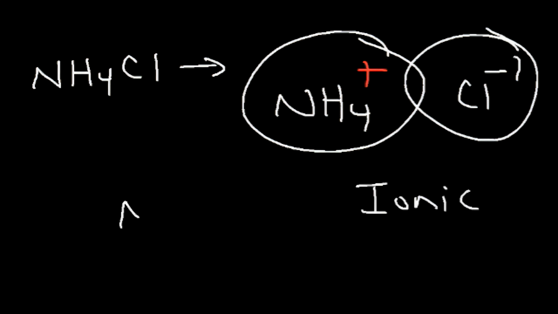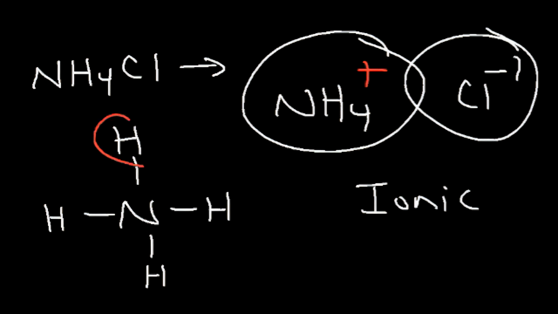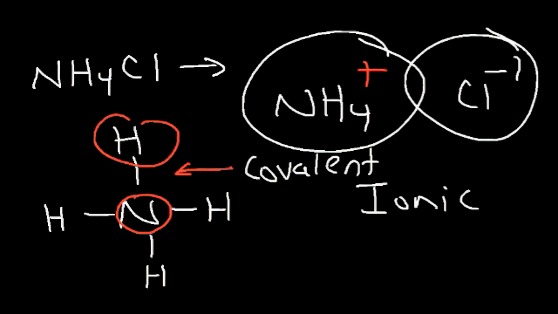But within the ammonium ion, the bonds between hydrogen and nitrogen, both of them are nonmetals, so this is a covalent bond. So ammonium chloride has ionic and covalent bonds, but there are no metals. So most compounds that are composed of metals and nonmetals are ionic, but there are some that you have to watch out for that do not contain metals.